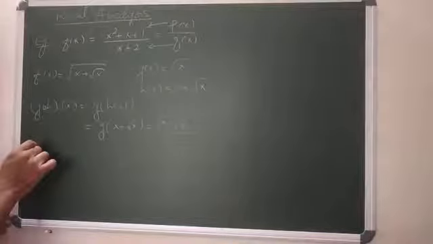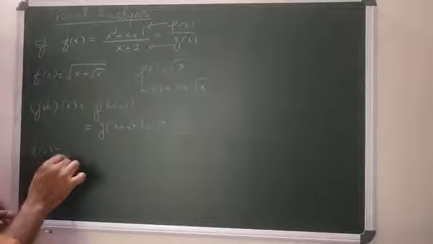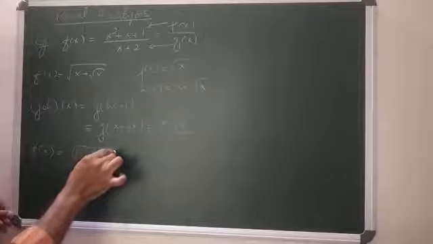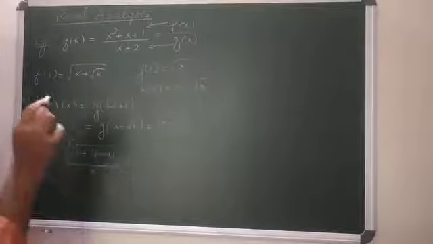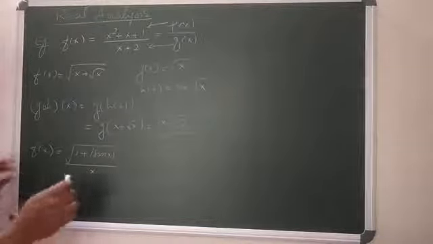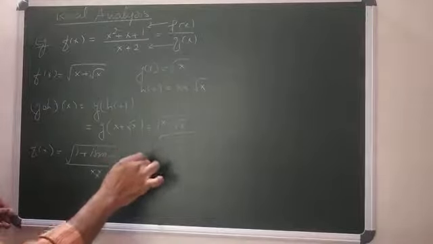Now consider another one. Consider f of x equals square root of 1 plus mod sin x all divided by x. Check the continuity of this function. How to discuss the continuity? Here again, we define a number of functions.